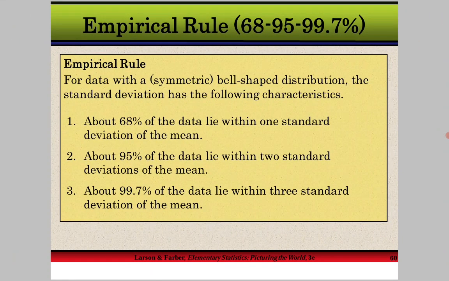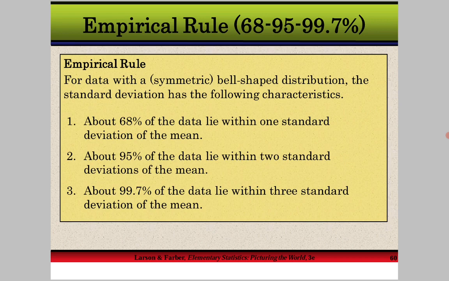The next concept is the empirical rule. What is the empirical rule and how to represent it graphically? For data with a symmetric bell-shaped distribution, the standard deviation has the following characteristics. About 68% of the data lie within one standard deviation of the mean.